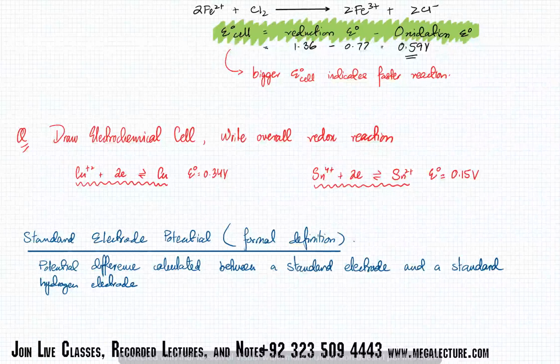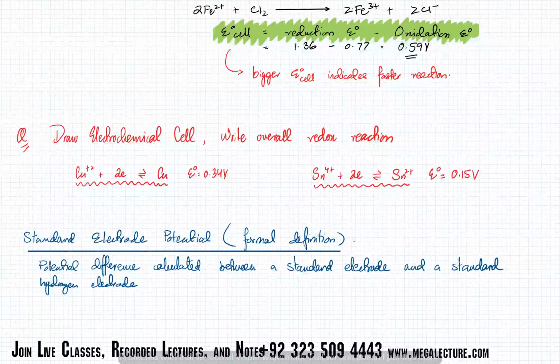So it's just a potential difference measured under standard conditions. So you've got a standard electrode versus a standard hydrogen electrode. Okay, so you calculate the potential difference.